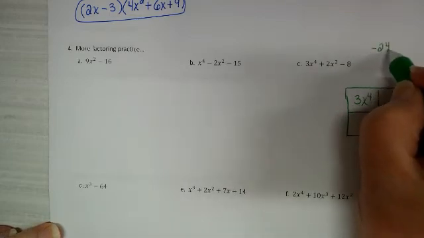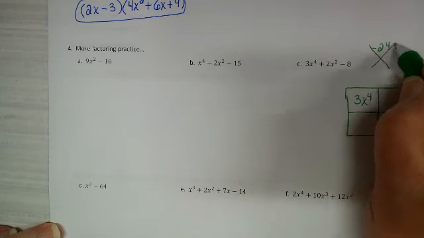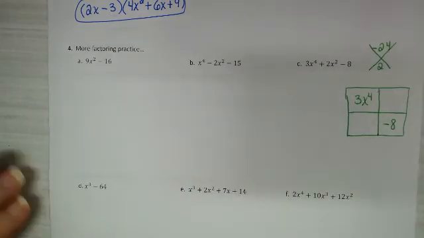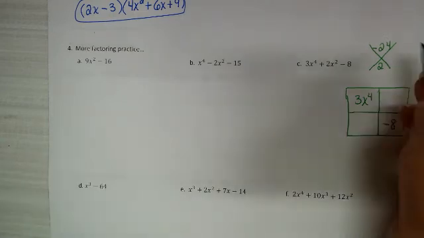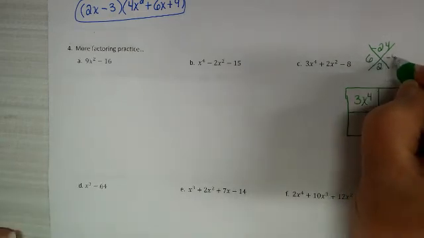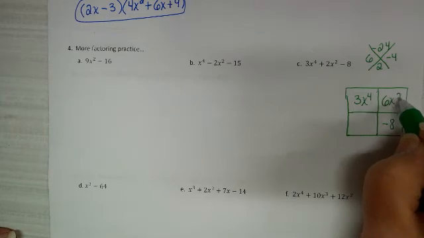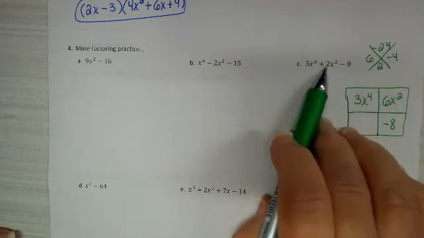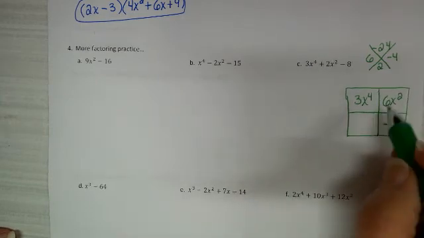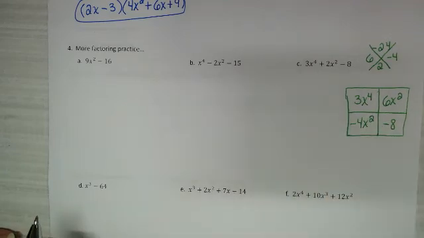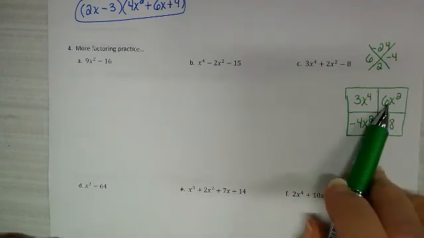That's negative 24. Can we find factors of negative 24 that add up to 2? I'm going to go with positive 6 and negative 4. Now, when you put these in here, I need a 6x squared, because that's what this says, and a negative 4x squared.